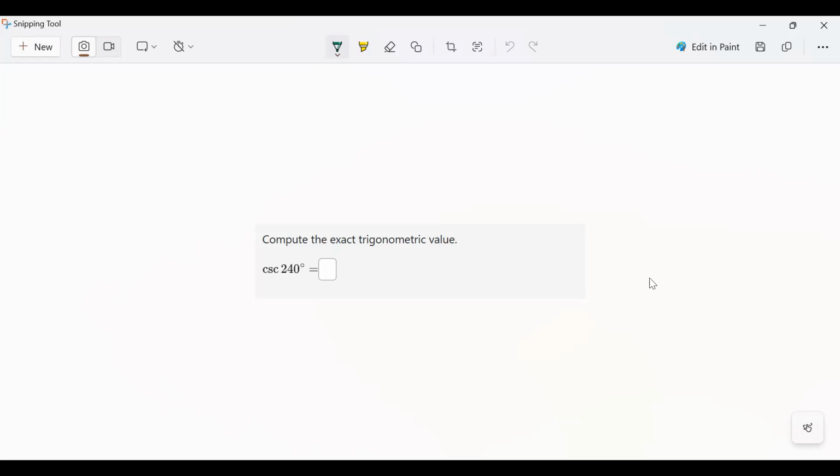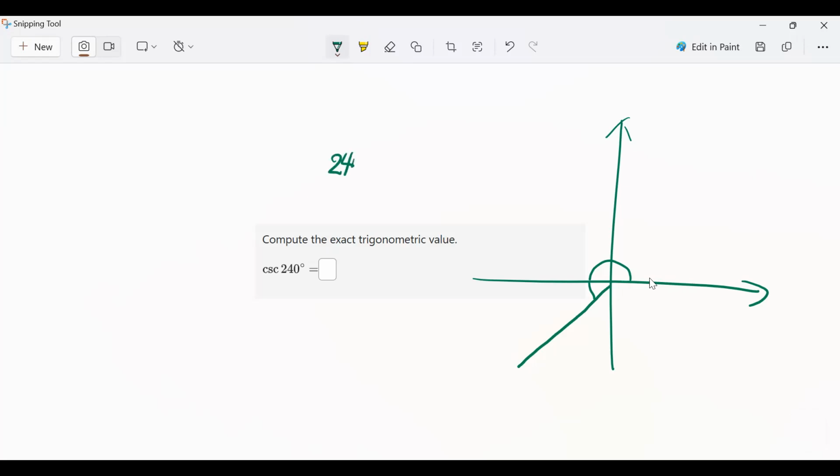Let's go over the solution here. One more time, we're going to locate a reference angle. So 240 degrees, this is 180, 240, somewhere here. This time the reference angle is going to be 240 degrees minus 180 degrees, 60 degrees.